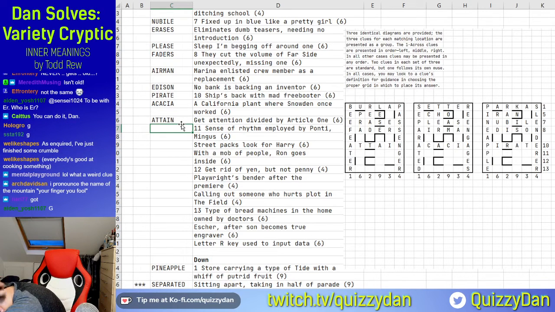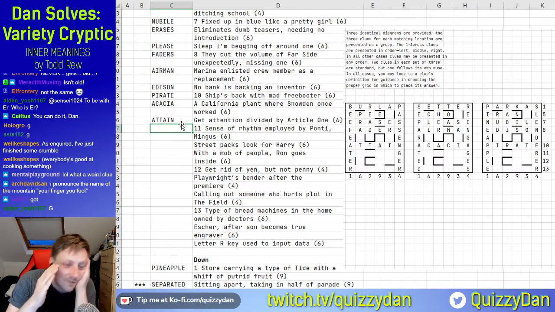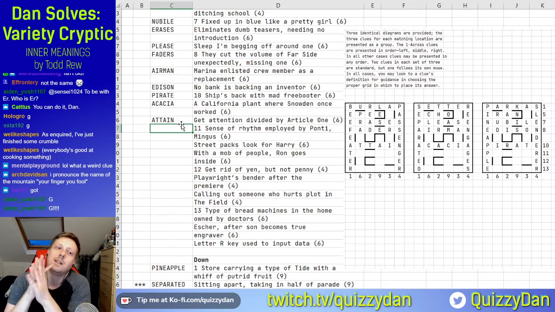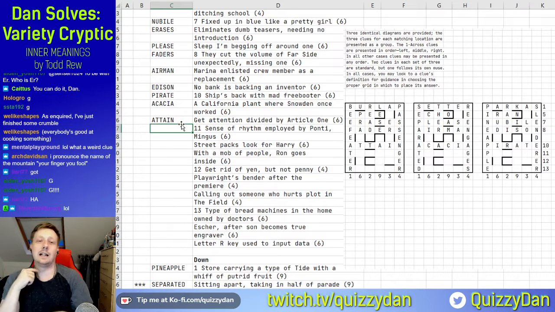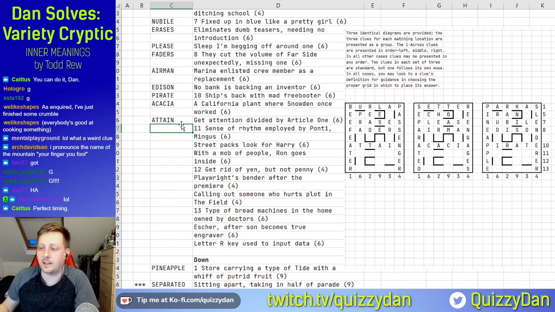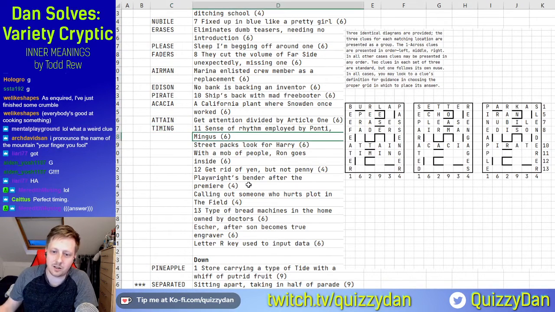I've got it! Every time! Okay. Perfect timing, indeed. The answer is indeed timing. It's literally hidden. For those of you who are new and are wondering why I'm exploding, it's because I never spot these blooming internal ones. It's spread over 2 lines, extra sneaky. It's literally hidden in Ponty Mingus.